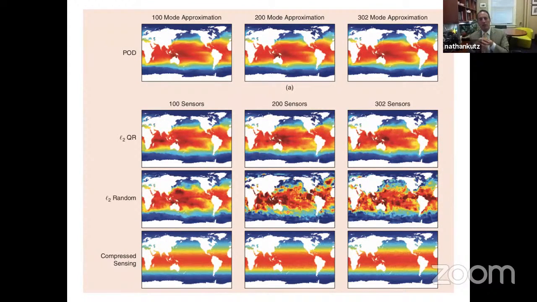And then what you're seeing below there are different strategies of sensor placement and how well they approximate the truth.